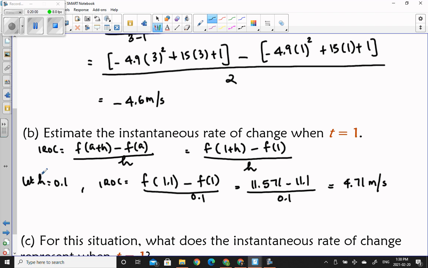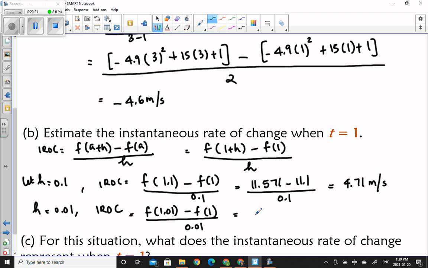Let's get even closer to 1 by taking an interval that's even smaller than 0.1. Let's make h equal to 0.01. What would the IROC be? Just to compare and see if we are very close to it. So this would be f(1.01) minus f(1) divided by 0.01.